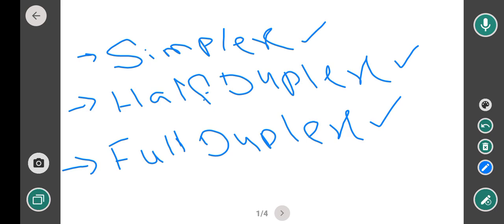So in between these three communications, what is going to happen now? Now the question is, students, what is held between these three devices?